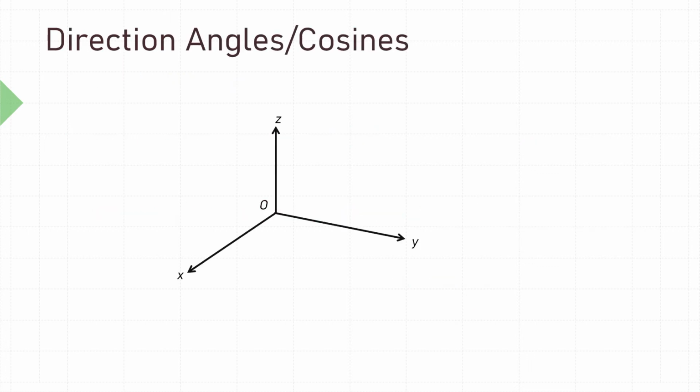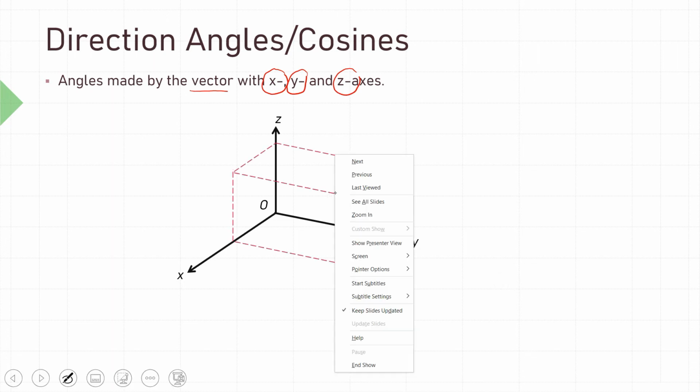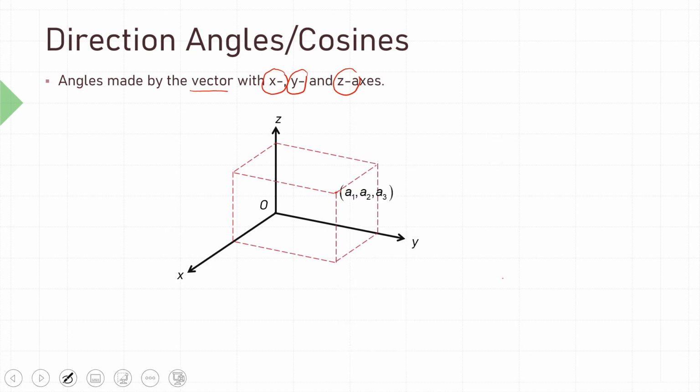Alright, now let's see the concept of directional angles and directional cosines. The directional angles are angles that are made by the vector with the x-axis, y-axis and z-axis. Suppose we have this point here, A1, A2, A3. The coordinate for this point is given by that.